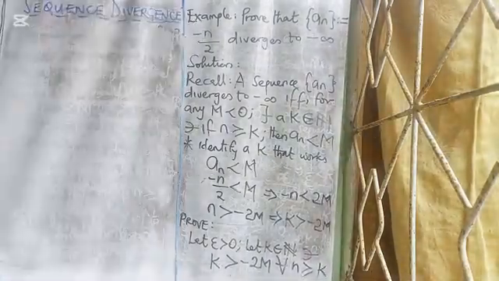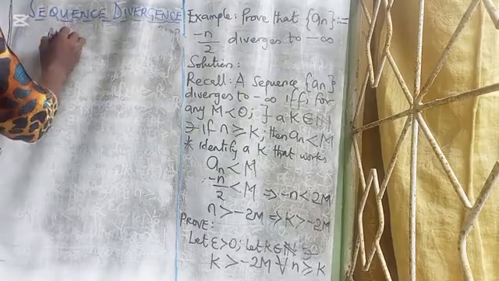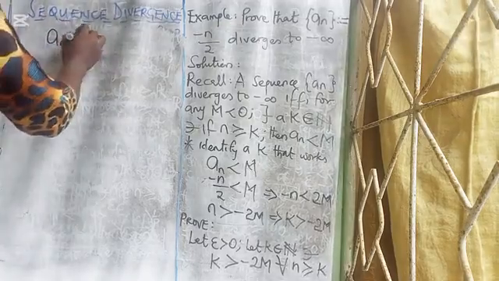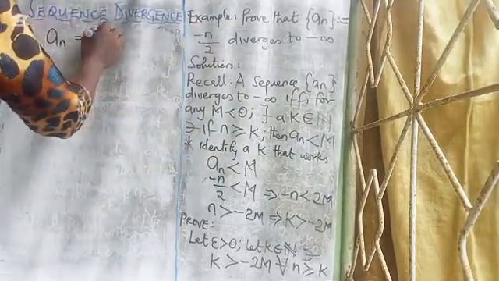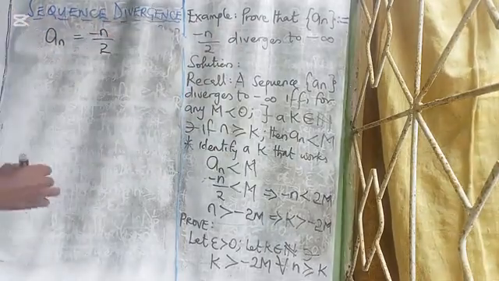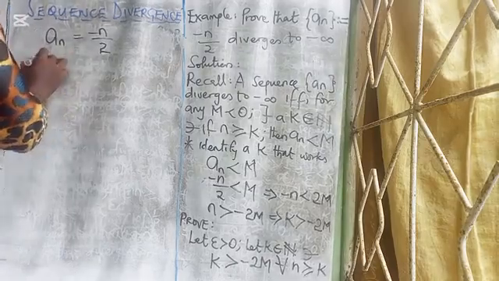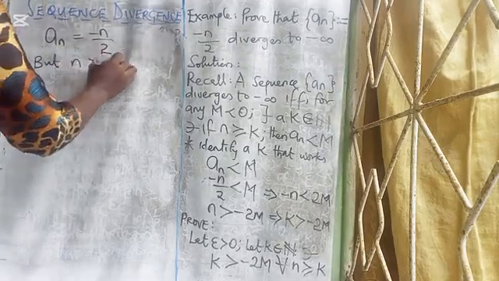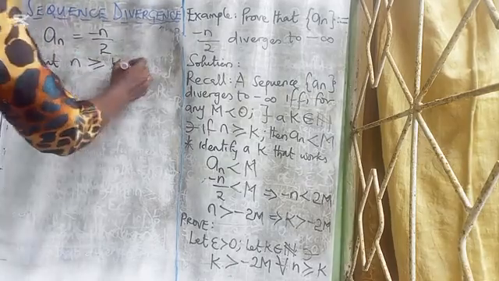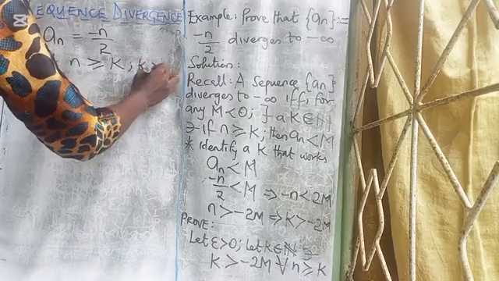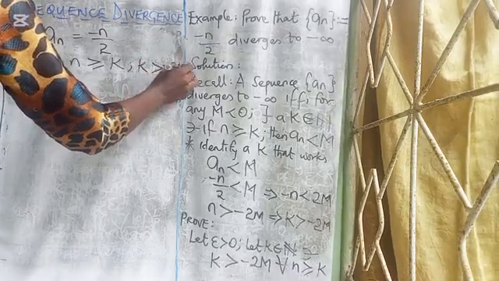To show that a_n is less than n, we start from our a_n, and our a_n is what? Our a_n is defined as minus n over 2. But n is greater than or equal to k, and we have said that k is greater than minus 2n.